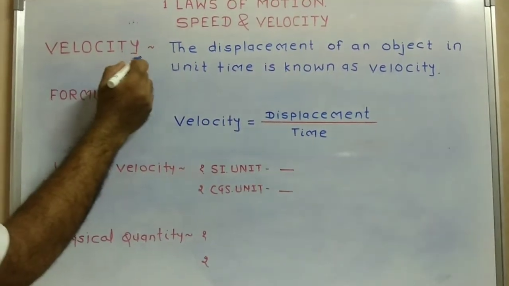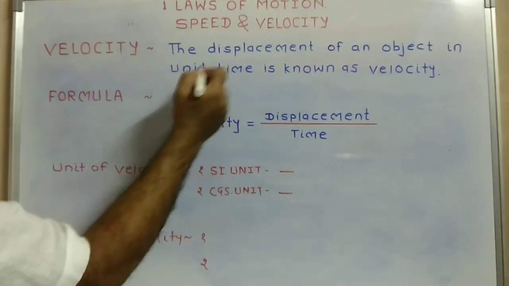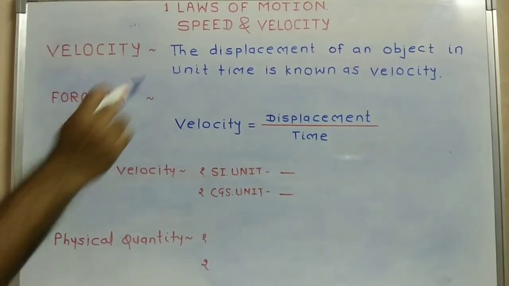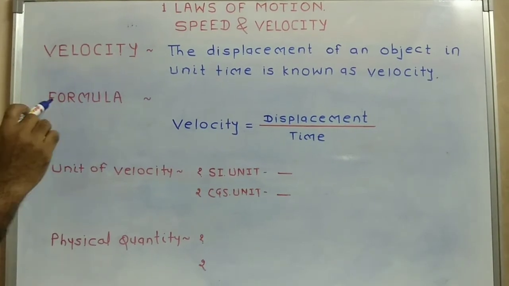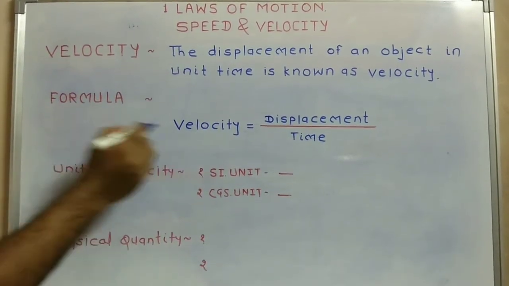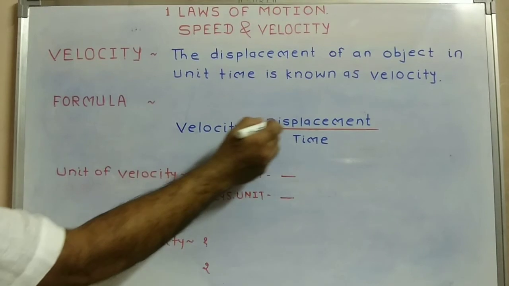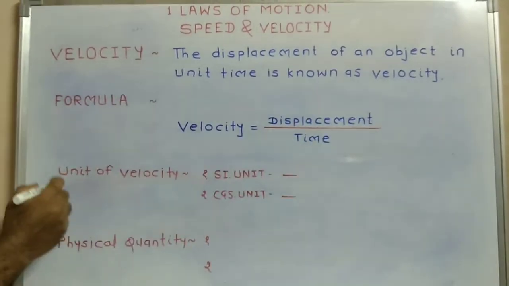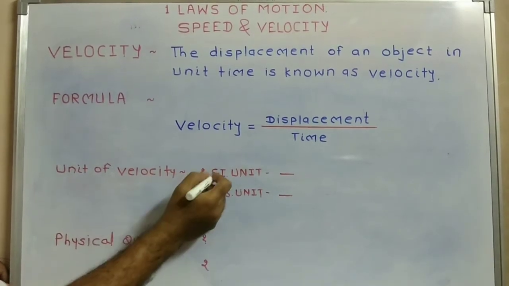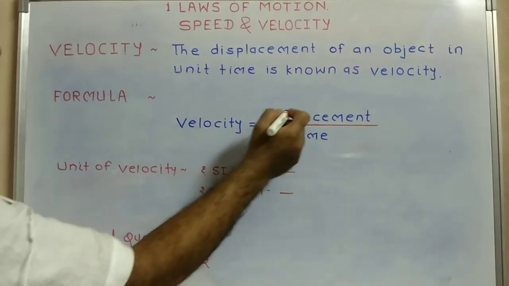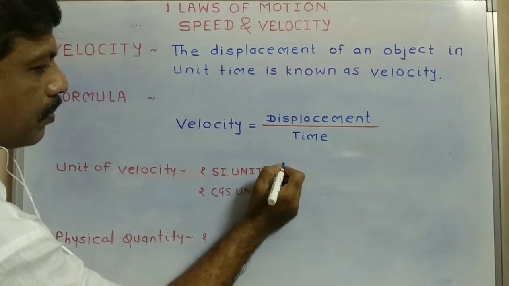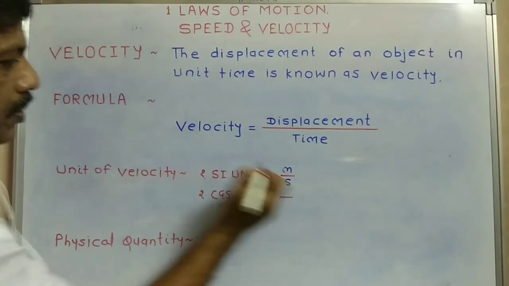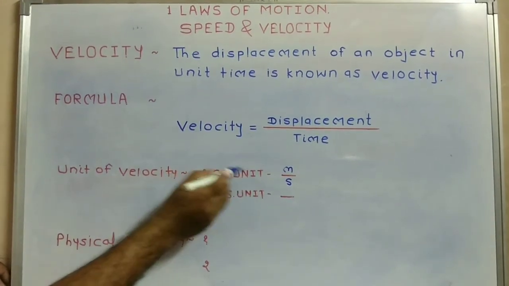In a simple manner, we can define velocity as the displacement of an object in unit time. Now I want to make its mathematical statement in terms of a formula. How can you write it? Velocity equals displacement upon time. Now you have to find out the unit of velocity. In terms of SI unit, you know that displacement is measured in terms of meter and time is measured in terms of second.